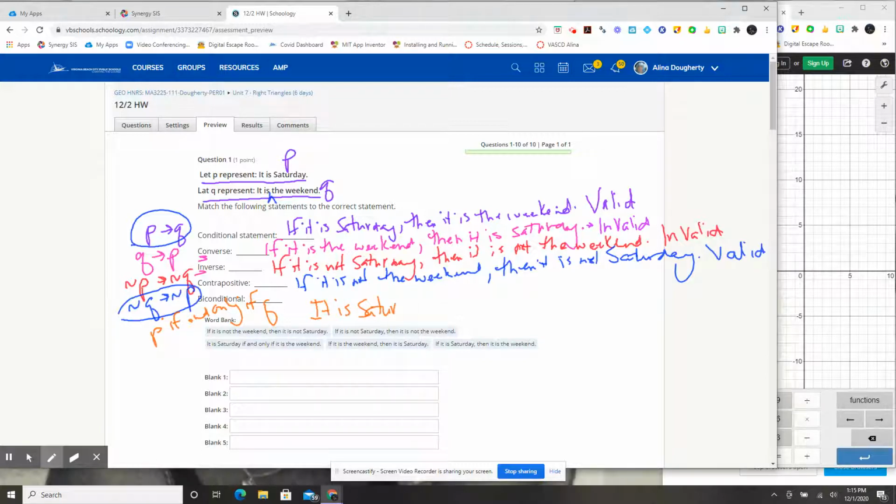It also does not start with an if. It is Saturday. It is a statement. And then if and only if it is the weekend, right? So that if and only if has to come in the middle, okay?